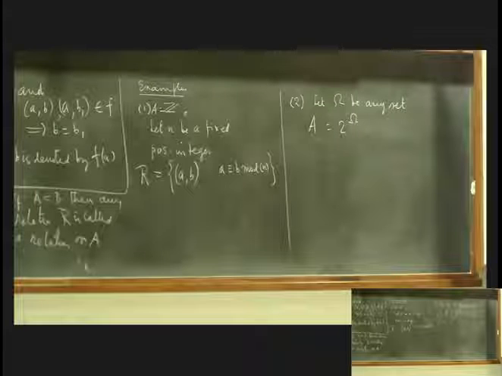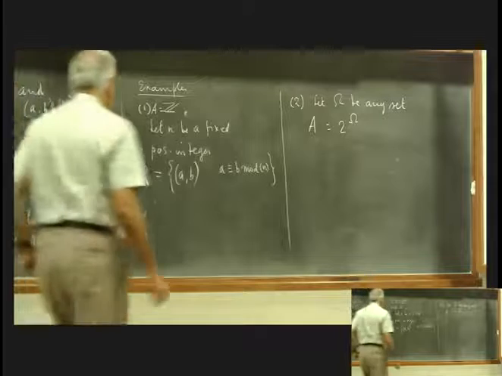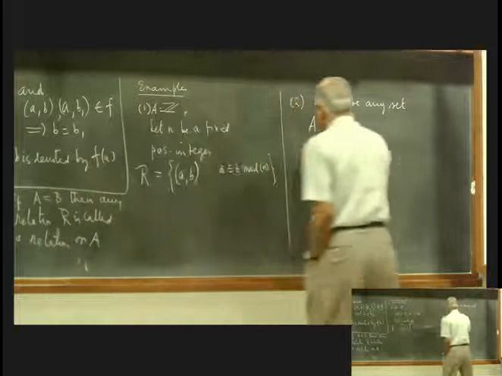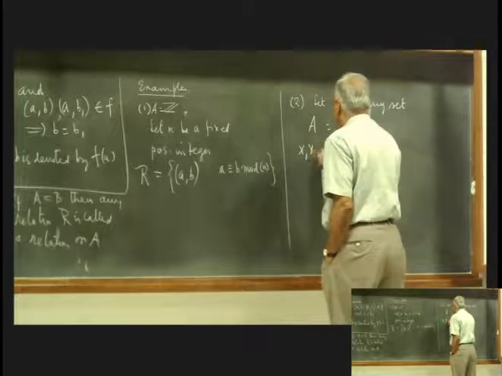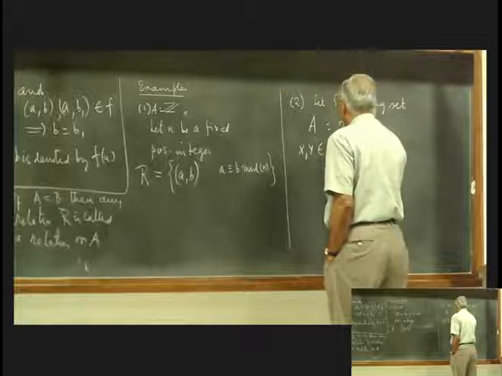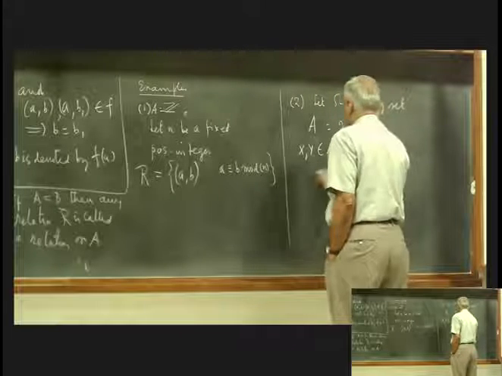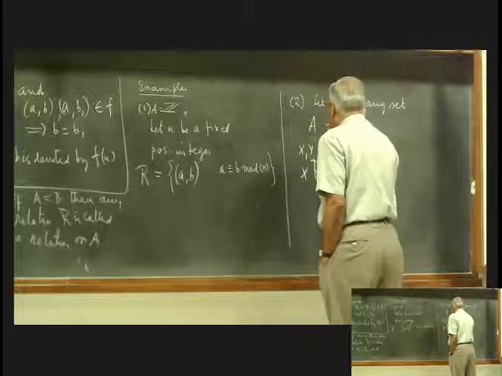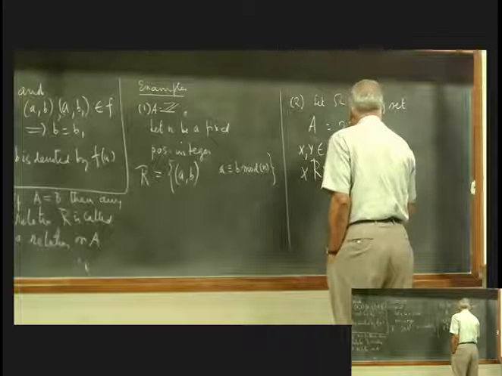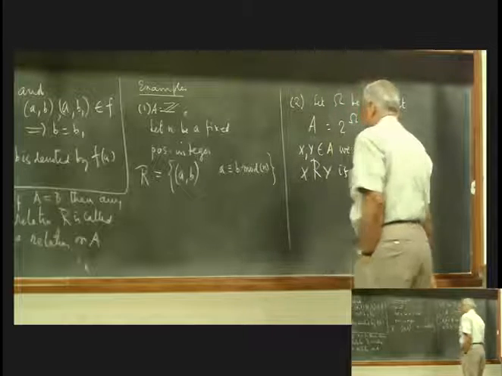The cardinality is 2 to the power of the cardinality of omega. Now x, y belong to A, and we say x is related to y if the cardinality of x is equal to the cardinality of y.